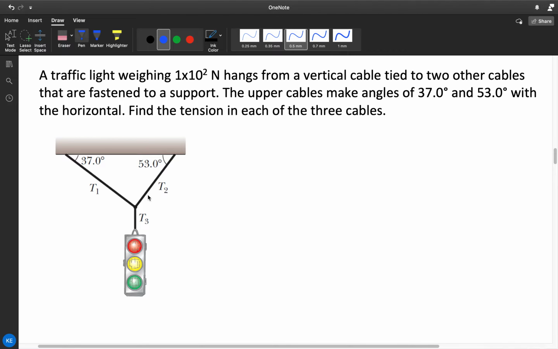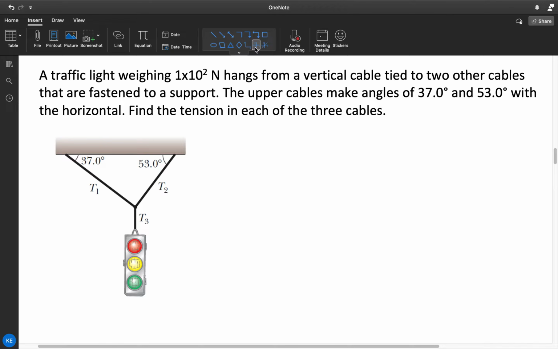So the tendency is that first things first, you need to draw a free body diagram for each of the objects or each of the masses in the figure. For this case, we'll draw two free body diagrams. One is the traffic light hanging, and the other one is the three cables centered at this point here.